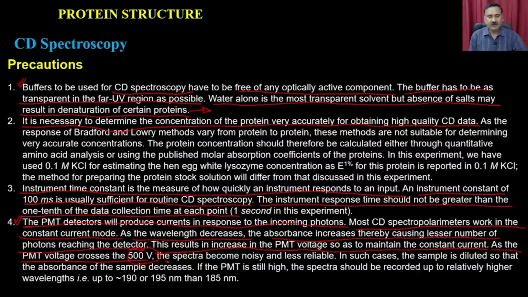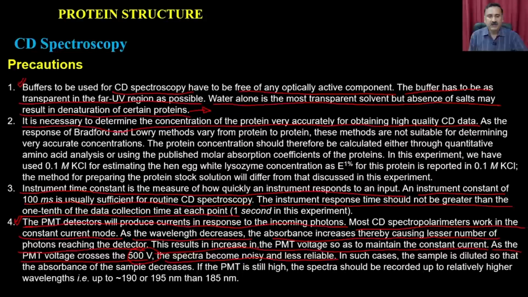The spectra becomes noisy and less reliable, because the signal from the sample is very low, and to make it more detectable you are increasing the current. If you increase a huge amount of current, the spectra becomes noisy and less reliable. In such cases, the sample is diluted so that the absorbance of the sample decreases. If the PMT is still high, the spectra should be recorded only up to a relatively higher wavelength.